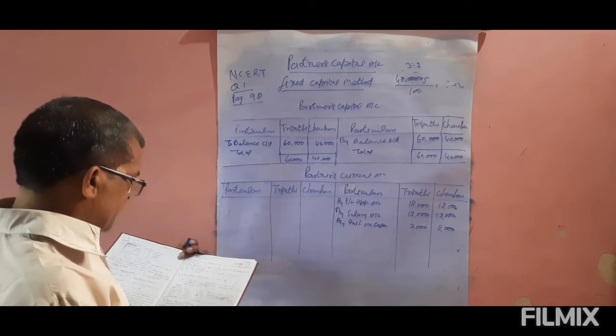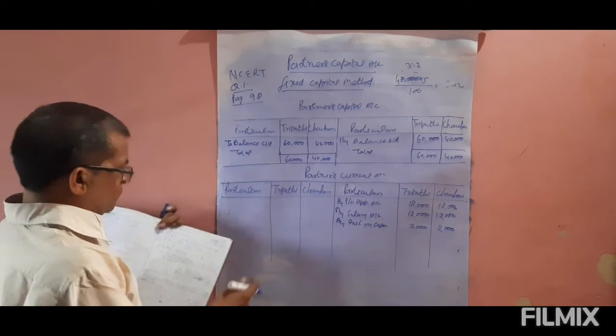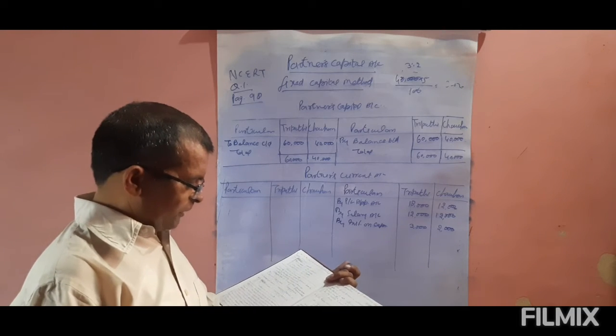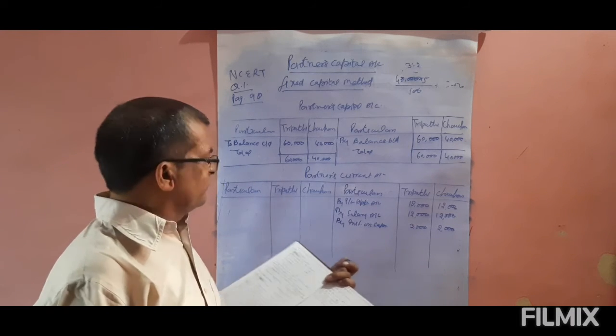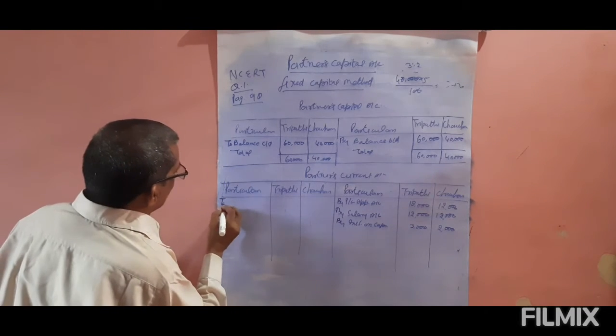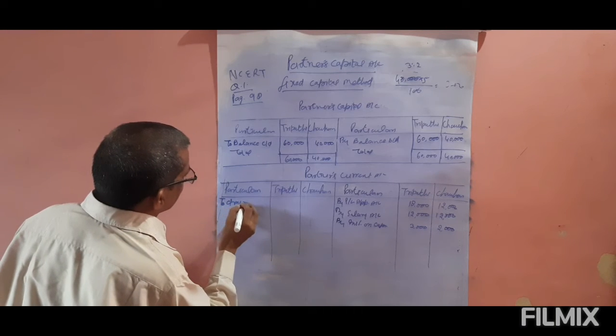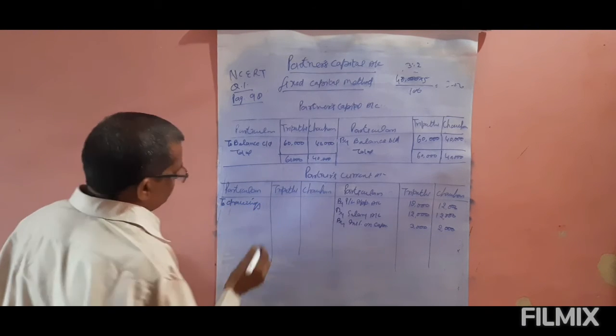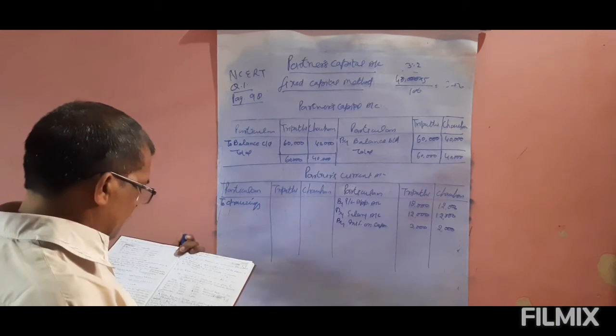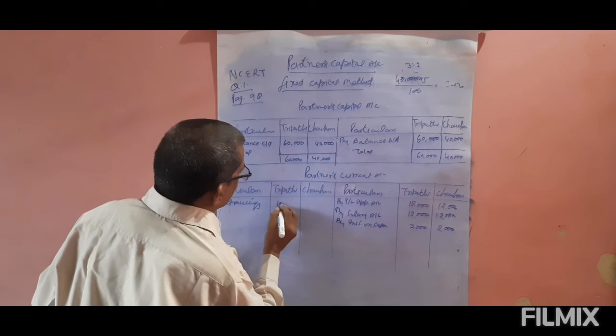Okay. Now again we have to charge interest on drawings. How much? 12,000 and 8,000.